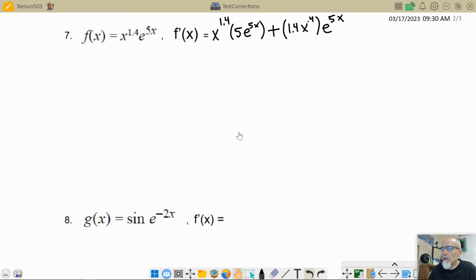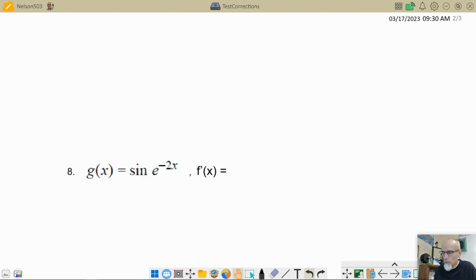And the last one on here is a chain rule problem. If I'm taking the derivative, let's call this layer 1, then e to a power is layer 2, and then the sine function is layer 3. I've got to have 3 things all multiplied together if I'm going to do the chain rule correctly.